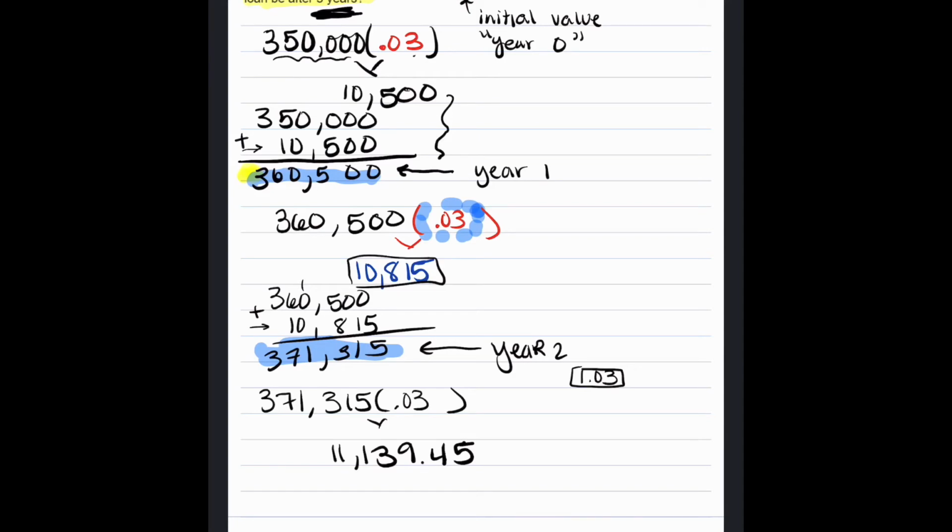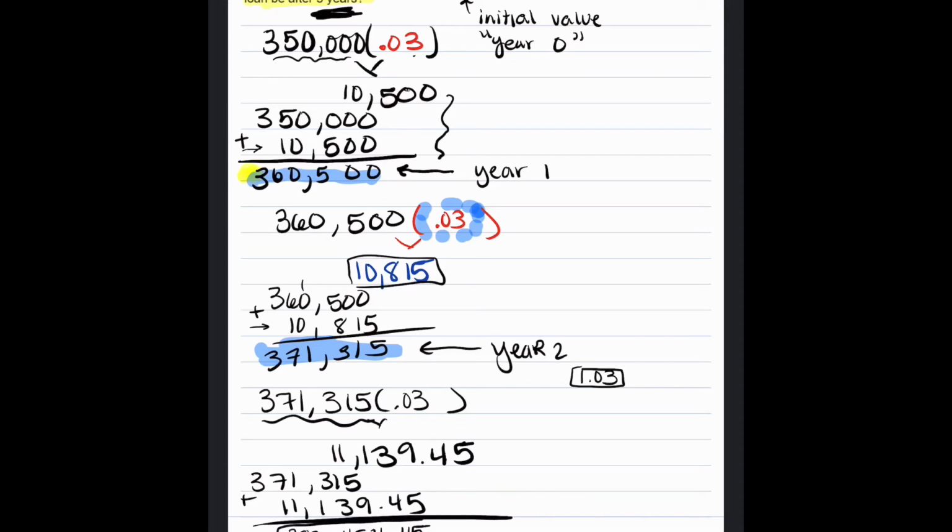Okay, so we multiplied those together and got 11,139.45. Going to go ahead and add that to her loan balance, 371,315 plus 11,139.45. When we add those together, we get $382,454.45.